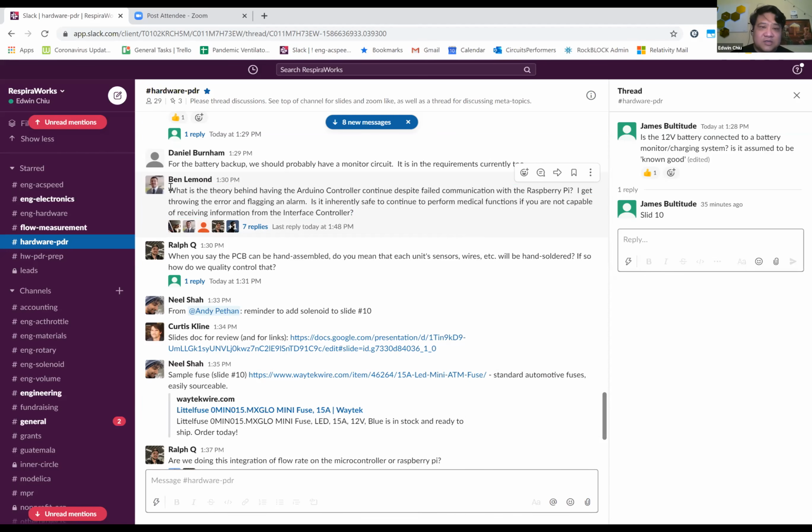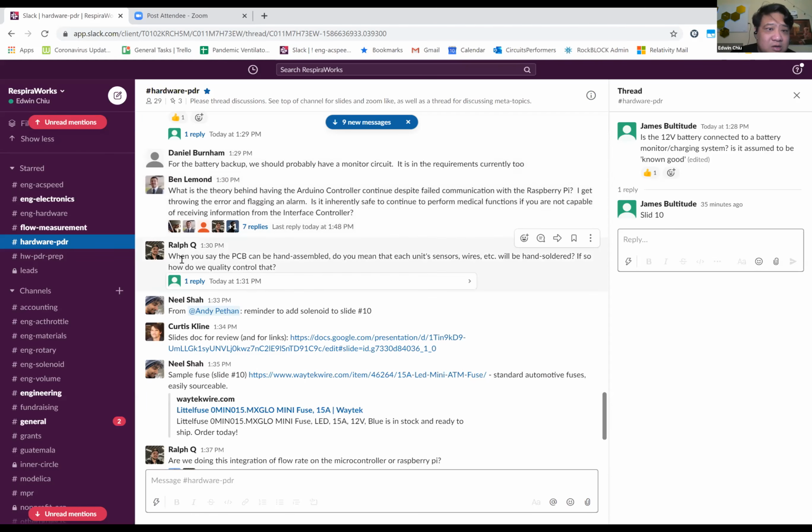The interface controller is needed to change the parameters, and if you lose the ability to change the parameters from the computer, you will sound an alarm, so it can be reset. But what we expect is for the cycle controller to continue operating with the breathing parameters that were previously set by the doctor.